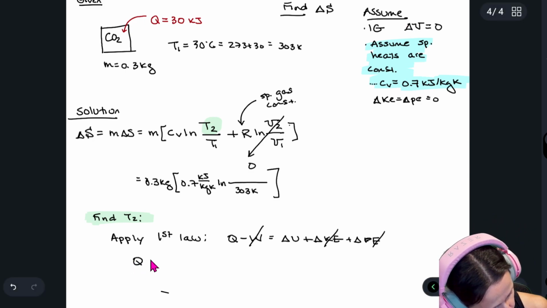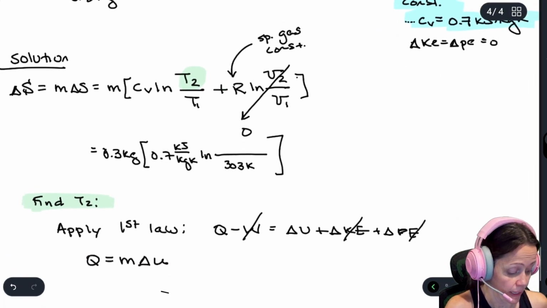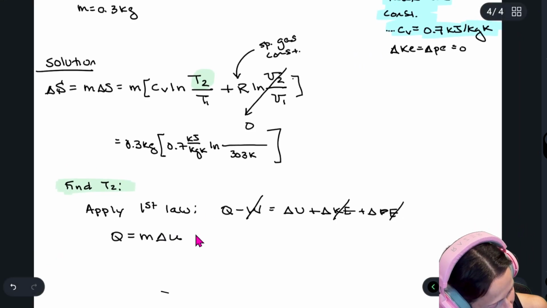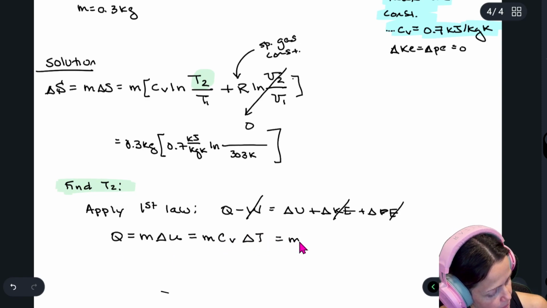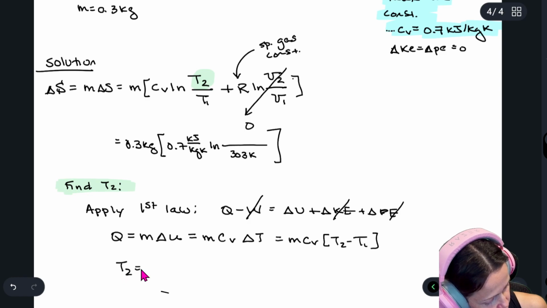So Q is equal to mass times delta little u. Because I've got an ideal gas with constant specific heats, this is mass times CV times delta T, so mass times CV times T2 minus T1. I can solve for T2, because that's what I'm looking for.